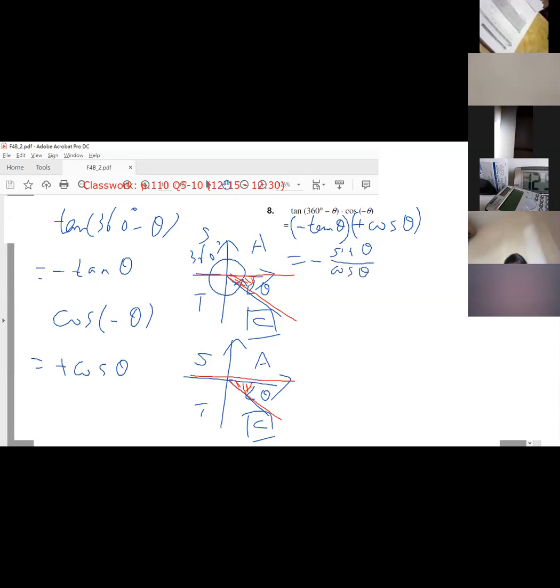And then we still have the cosine theta behind. And now you are happy seeing this because cosine theta and cosine theta, one up, one down, they are common factors, so they can be cancelled by each other. So what is remaining is negative sine theta. Okay, so that is the final answer. Okay, so that is question number 8.